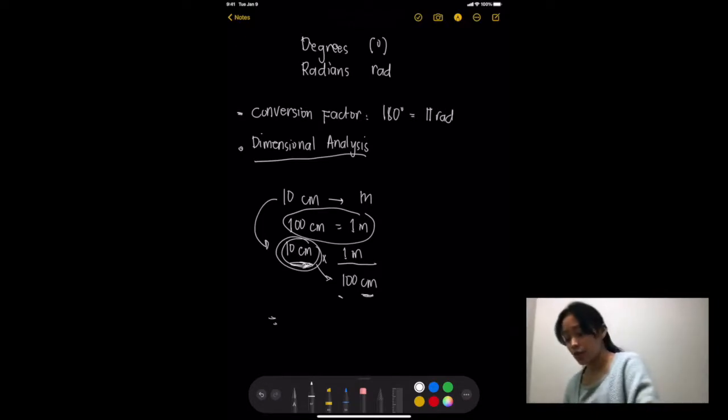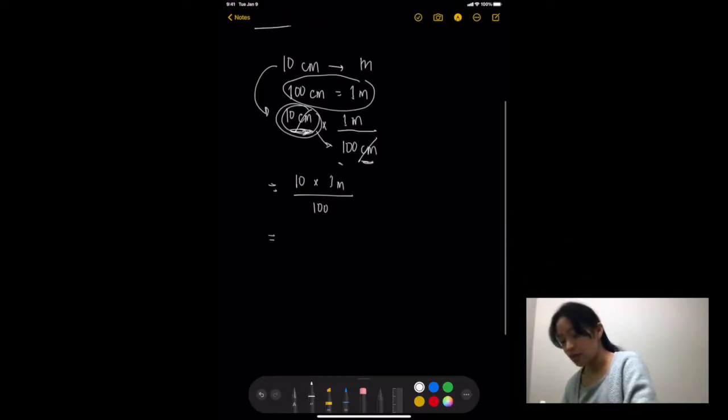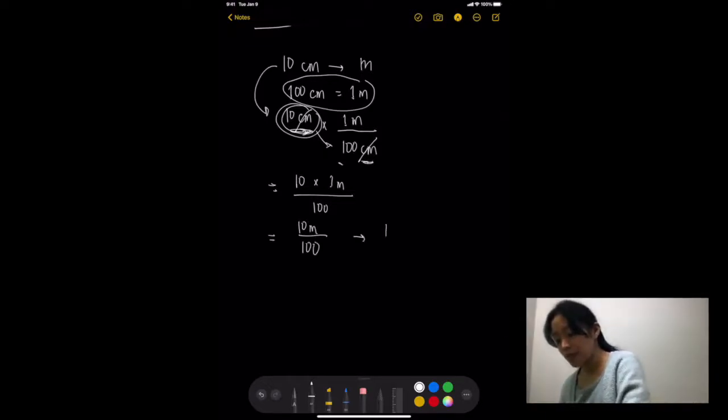So let's proceed with the operation. You have 10 cm times 1 meter over 100 cm. Since you have centimeters in both numerator and denominator, you cancel out the units because they're the same. I'm now left with 10 times 1 meter over 100, or to simplify, 10 meters over 100.